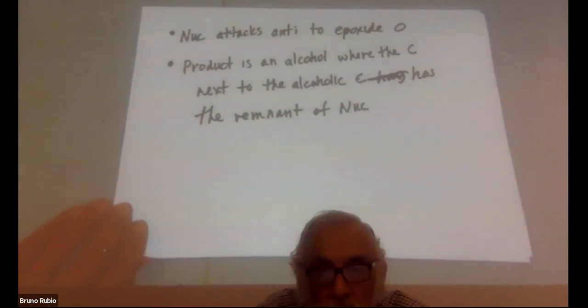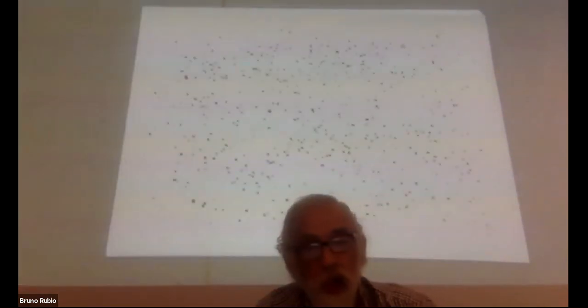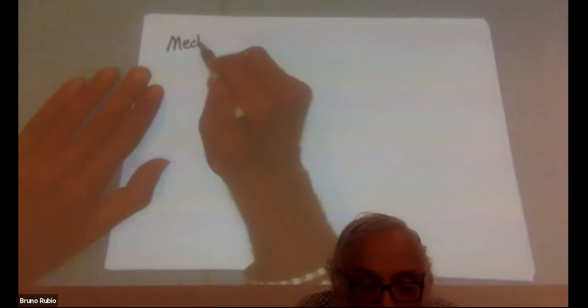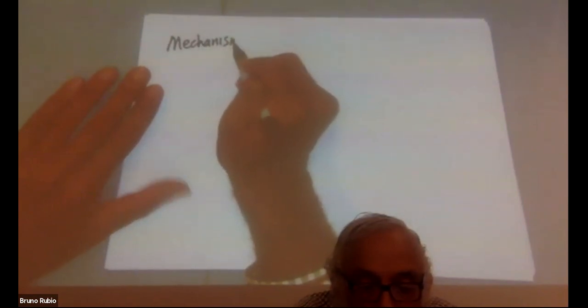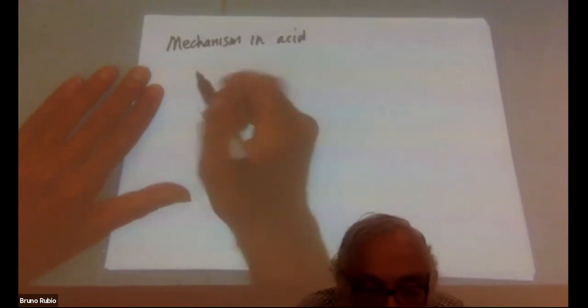So did you get all that? Nucleophile attacks anti to the epoxide oxygen. Product is an alcohol where the carbon next to the alcoholic carbon has the remnant of the nucleophile. Okay, let's talk about mechanisms. First in acid. Mechanism in acid conditions.